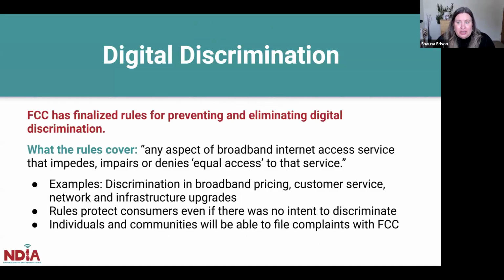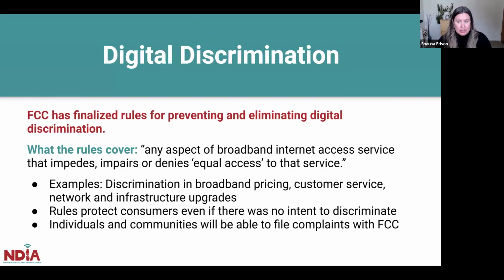So digital discrimination, the rules officially went into effect in March of 2024. So this is stepping out of the Digital Equity Act into a different ruling. The rule covers any aspect of broadband internet access service that impedes, impairs, or denies equal access to that service. This could look like discrimination in pricing, customer service, and network infrastructure upgrades.